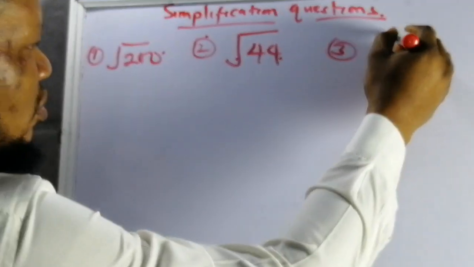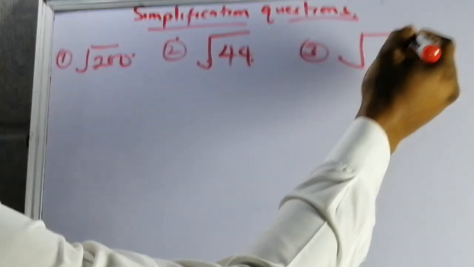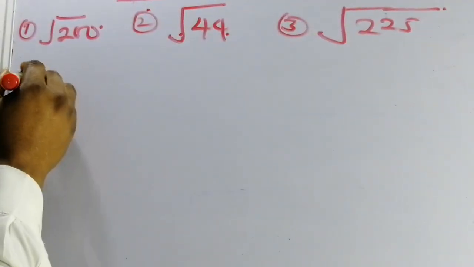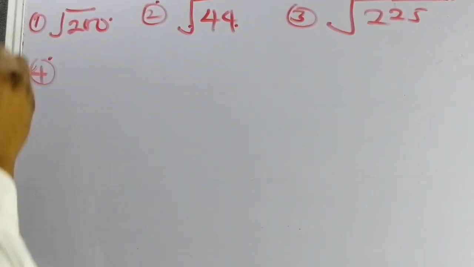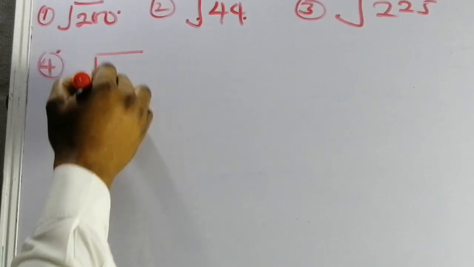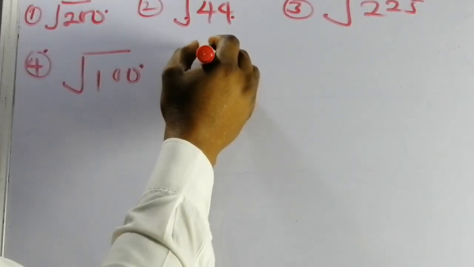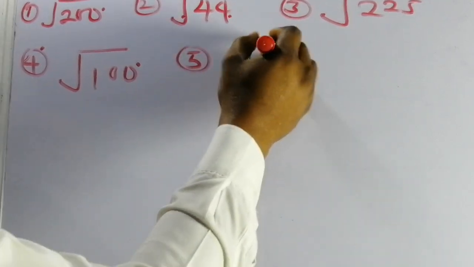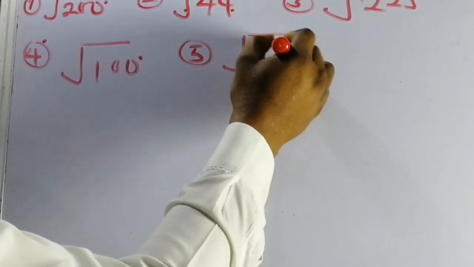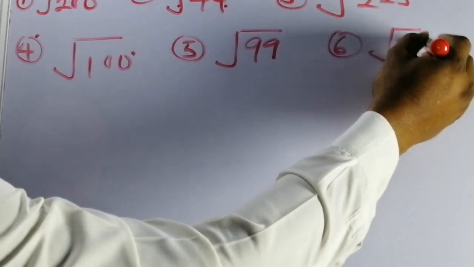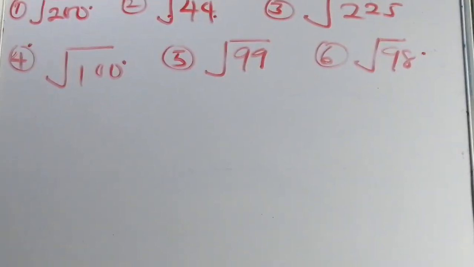Number 3, square root of 225. Number 4, square root of 100. Number 5, square root of 99. Number 6, square root of 98. Okay, let's just start with that.